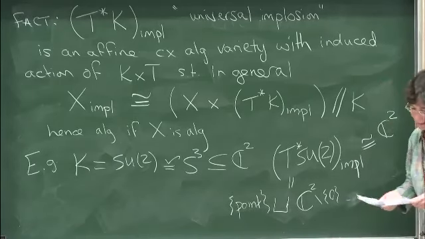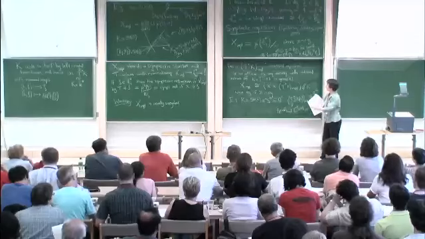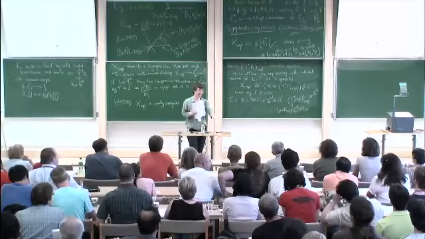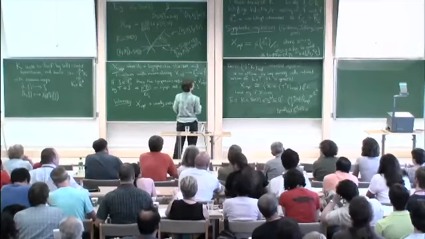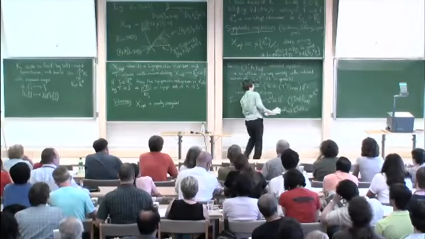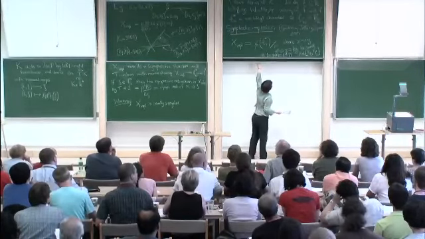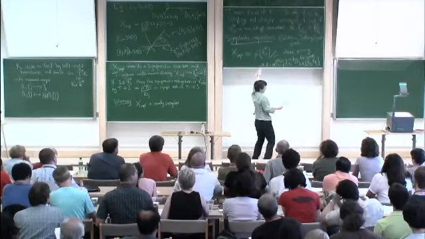So that's the universal imploded cross-section, and that gives us a link with algebraic geometry and geometric invariant theory, as I said.